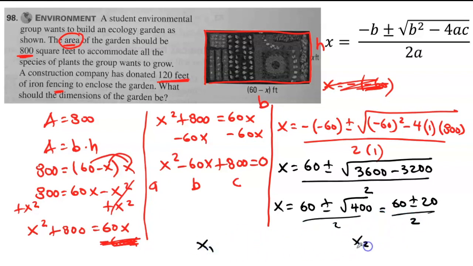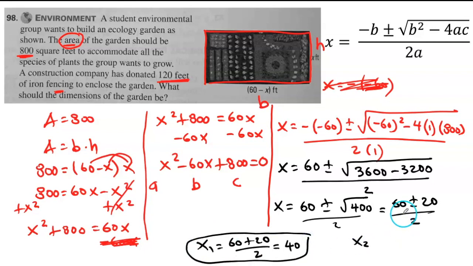X1, X2. First answer, 60 plus 20 over 2. 60 plus 20 is 80, divided by 2 is 40. Second answer, 60 minus 20 divided by 2. 40 divided by 2 is 20.